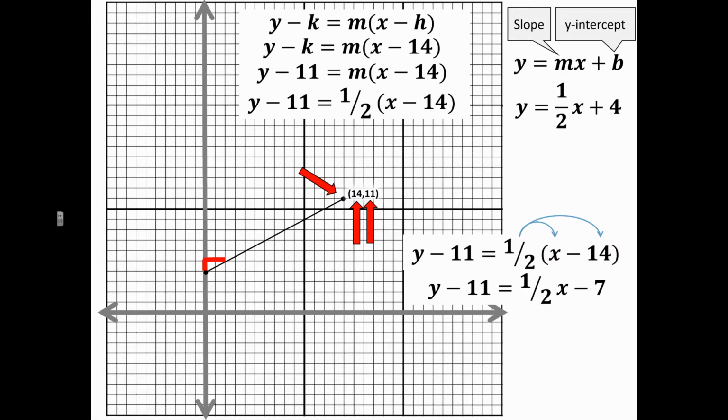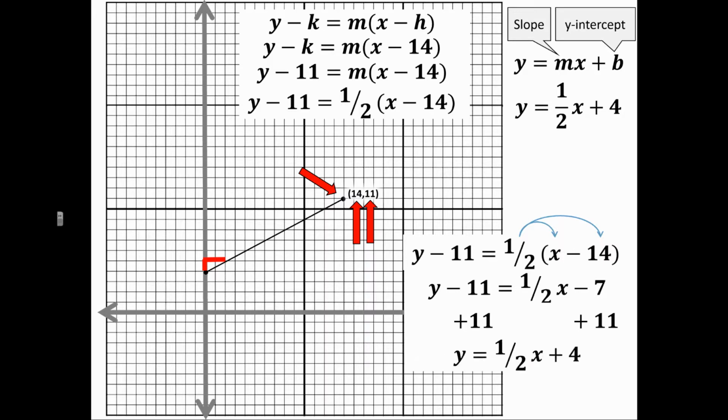We get this, where 1/2 times x is 1/2 x, and 1/2 times a minus 14 is a minus 7. Then if I add 11 to both sides, it becomes y plus 0, because negative 11 and positive 11 cancel out. So we just get y on the left-hand side of the equation. And on the right-hand side of the equation, we get 1/2 x plus 4.